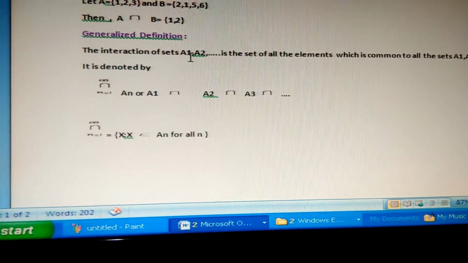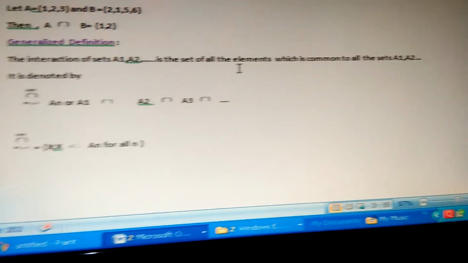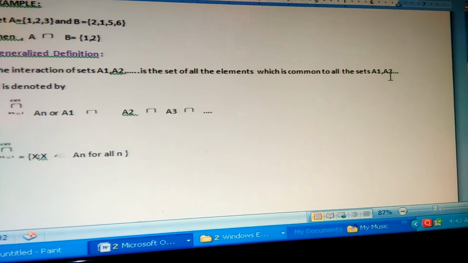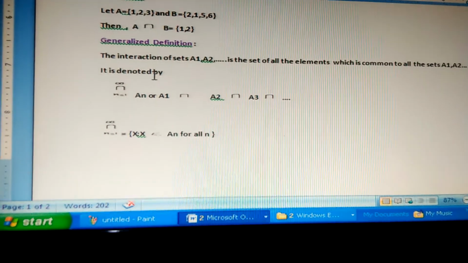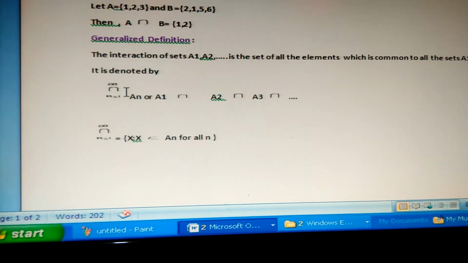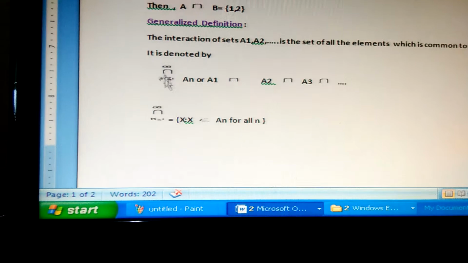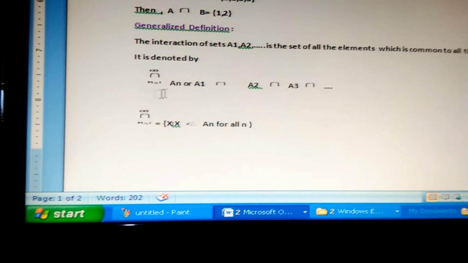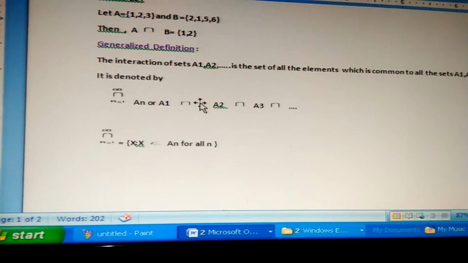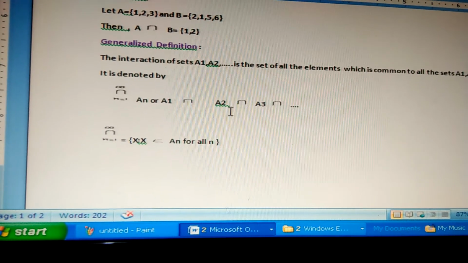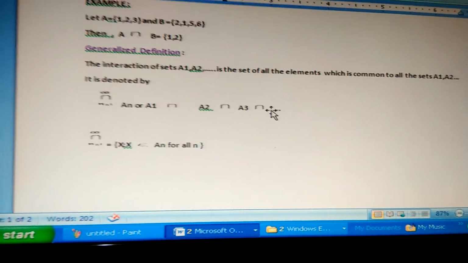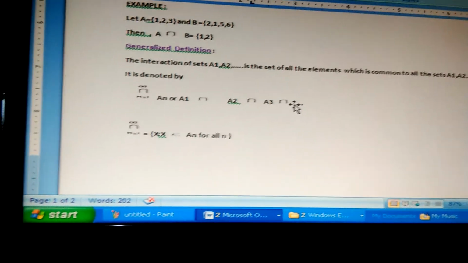The intersection of sets A1, A2, and so on is the set of all elements which are common to all the sets A1, A2, and is denoted by the intersection symbol, n equal to 1 to infinity of An, or A1 intersection A2 intersection A3, and so on, continuing.